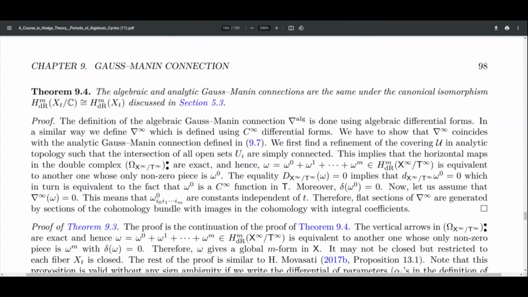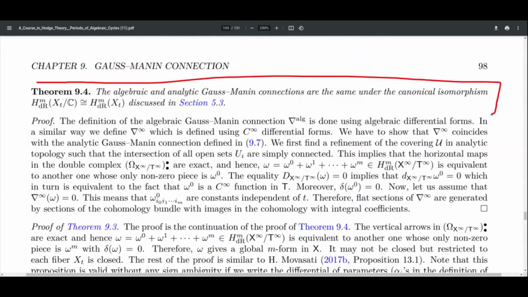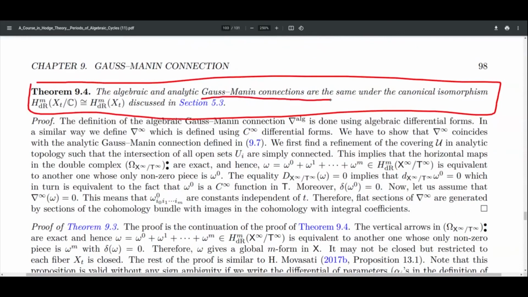So the same theorem, with different language, says that the Gauss-Manin connection that we introduced at the beginning of our video is the same as the algebraic Gauss-Manin connection that we discussed.